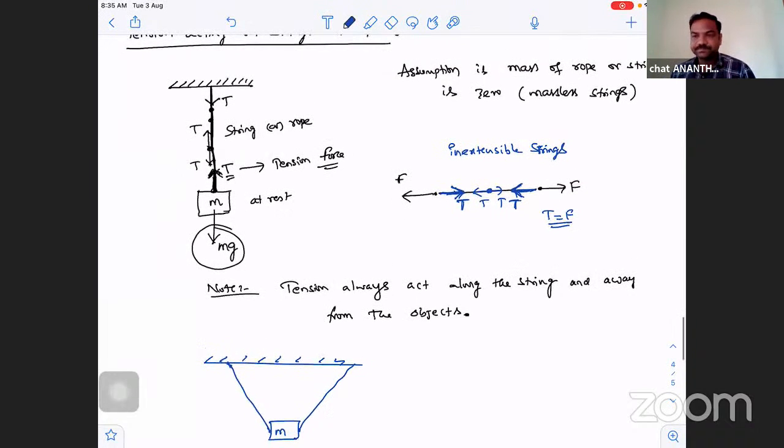Write down and draw. First of all, leave all these other things, just draw the tensions.